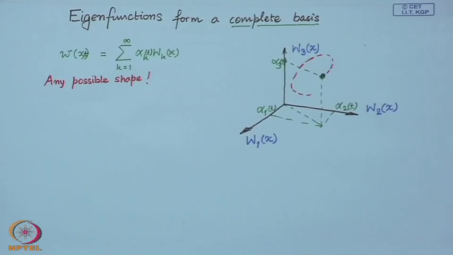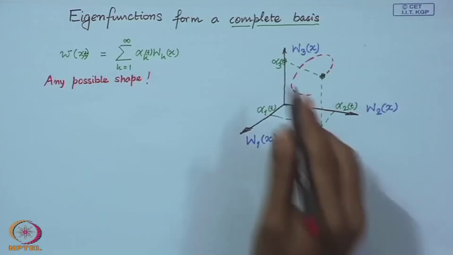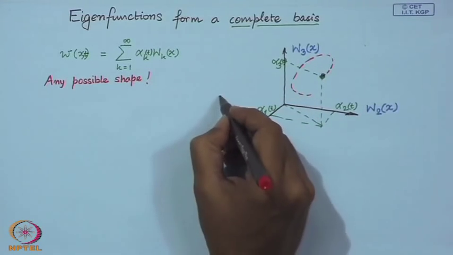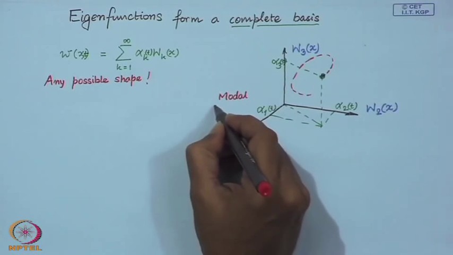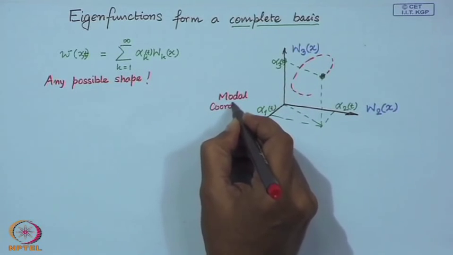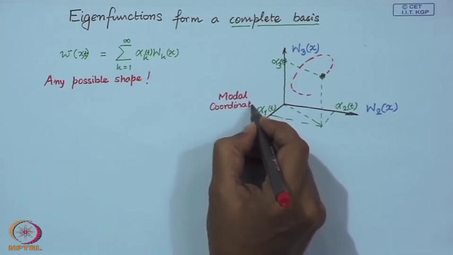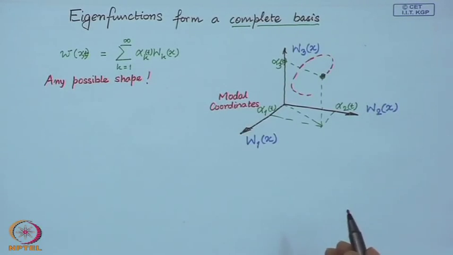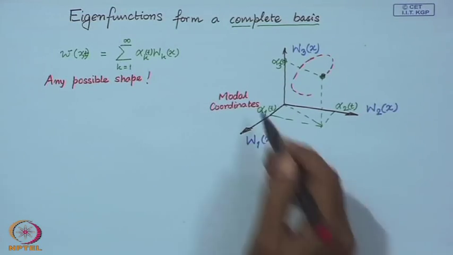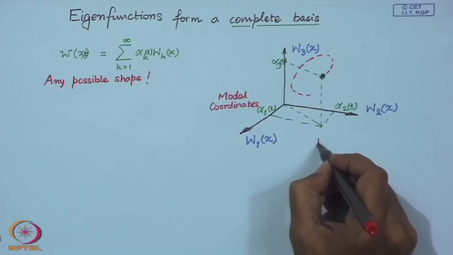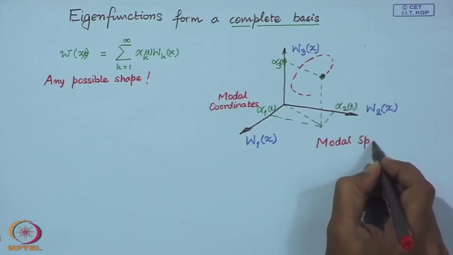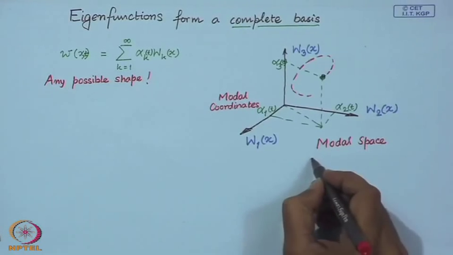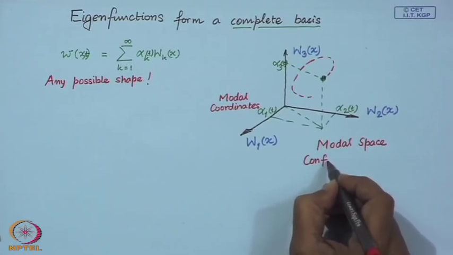They form what are known as modal coordinates, and this space is known as the modal space or the configuration space.